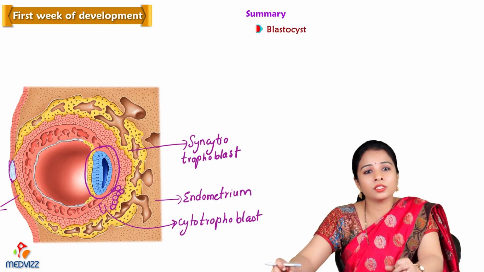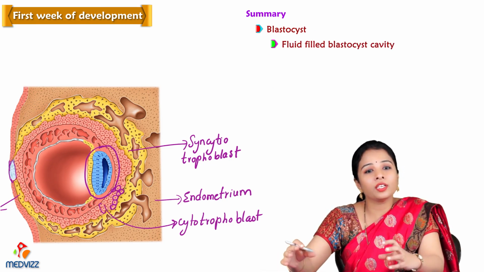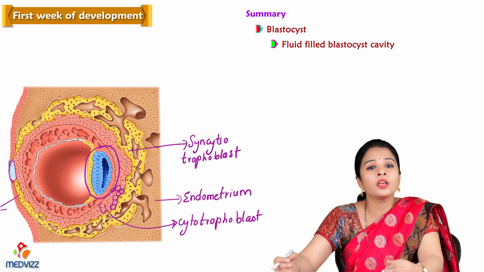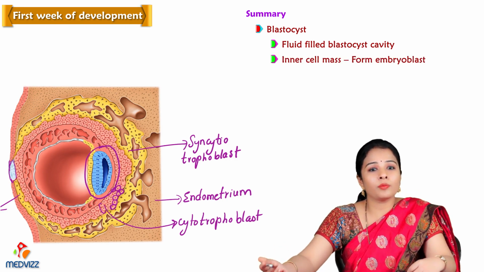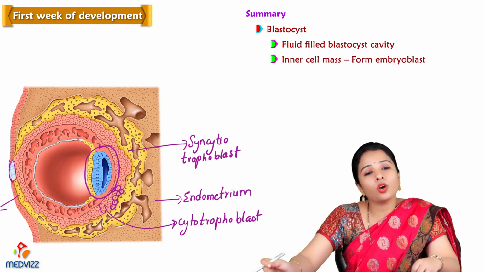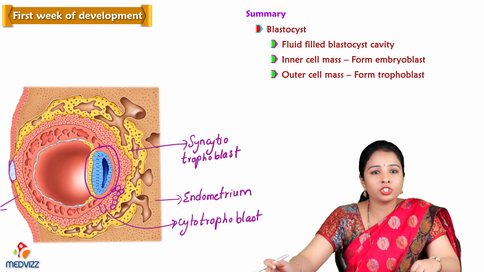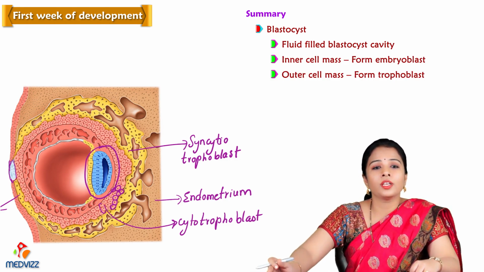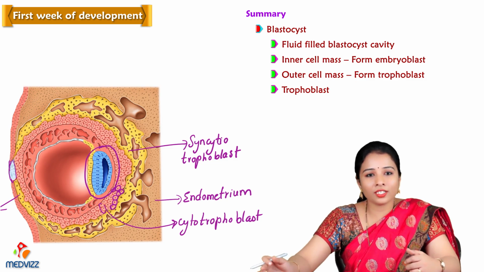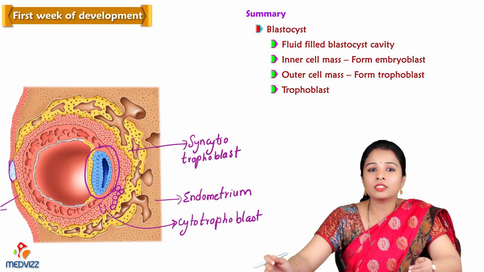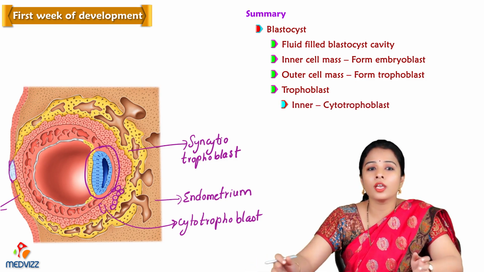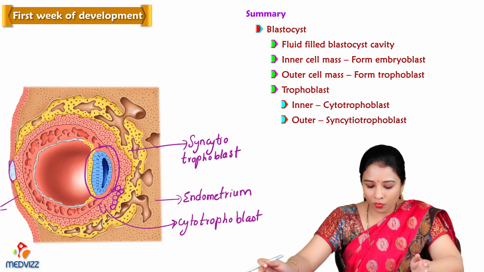It is called the blastocyst cavity, which is a fluid-filled cavity having an inner cell mass and an outer cell mass. The inner cell mass will form the embryoblast and the outer cell mass will further differentiate into trophoblast. And trophoblast, we saw, is also differentiated into two layers, the inner cytotrophoblast and the outer syncytiotrophoblast.